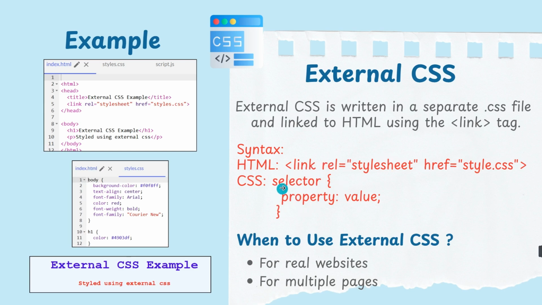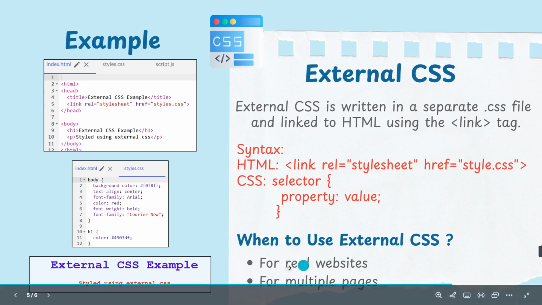In the CSS again we are going to follow the same thing, that is a selector, property and value, just like the way we did it for internal CSS. We are going to put only the CSS part in a separate file. Use external CSS for real websites and for multiple pages.